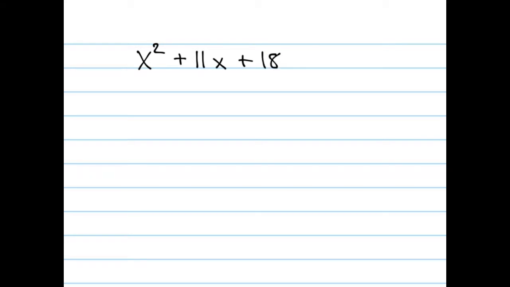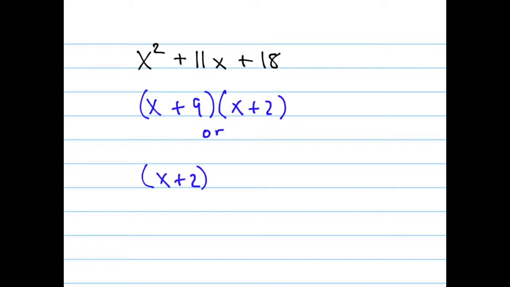And we're looking for factors of 18 that add up to 11. What factors of 18 add up to 11? 9 and 2. So that factors into x plus 9, x plus 2. Or x plus 2, x plus 9. Doesn't matter.